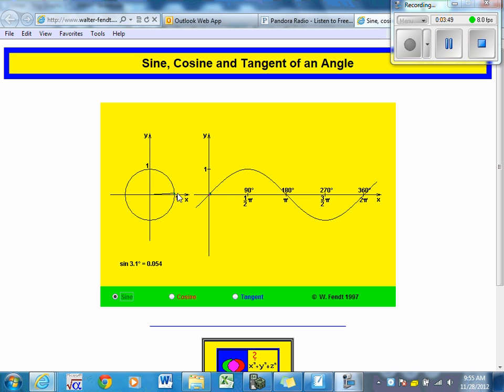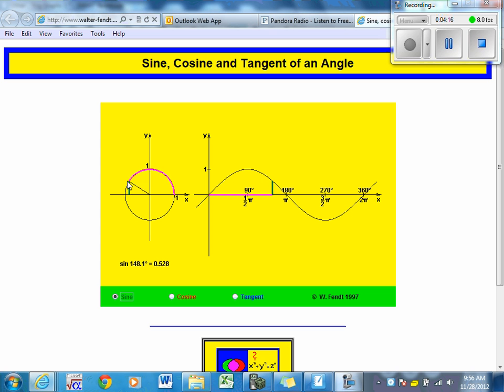So we start at 0. That's the key. Sine starts at 0. And then as our angle gets bigger, my y value gets closer to 1. And at pi over 2, it's 1. You can see over here. Once I cross over pi over 2 and go towards pi, it gets smaller to 0. So you can see that green line matches up over here.